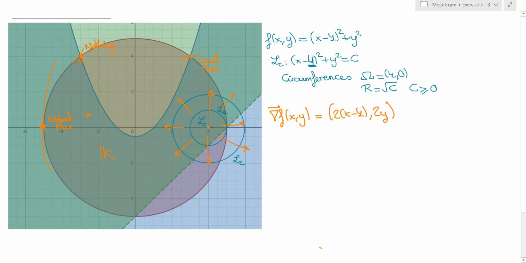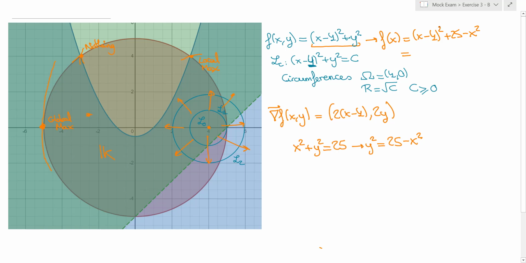Since this function grows with the distance to this point, one can think that it is one of the points in this circumference, and you can try to say, okay, my circumference is like that, so y squared is 25 minus x squared. I substitute here, so now the function only depends on x, and it's (x minus 4) squared plus 25 minus x squared.